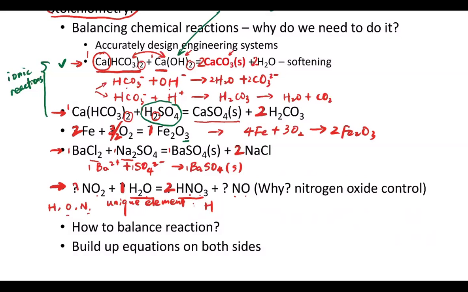So now we don't know these two numbers. We can assume them to be x and y here, and we can set up equations, okay? So we have two unknowns and two equations, one each for the oxygen and nitrogen, all right? So for oxygen, the balance is going to be 2 multiplied by x plus 1, for the water.